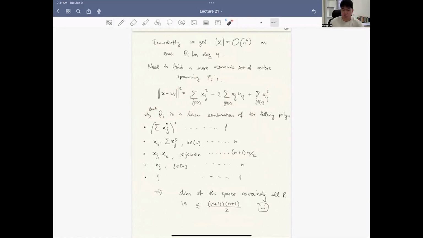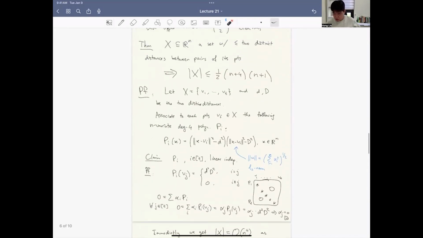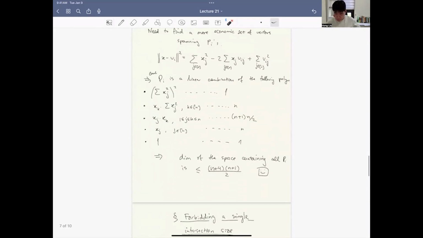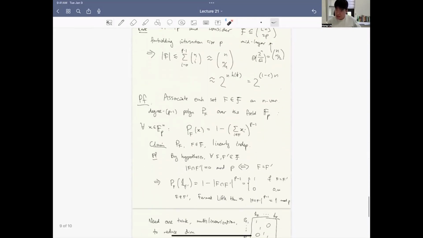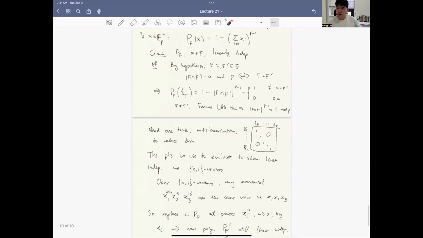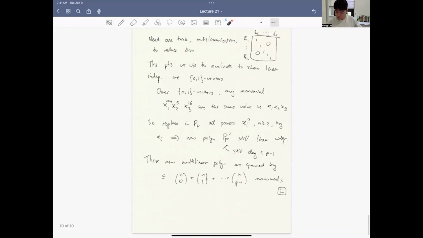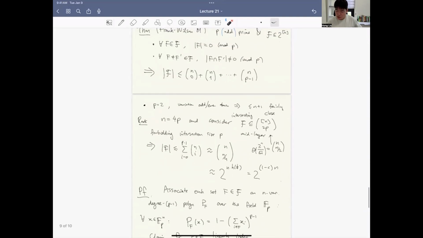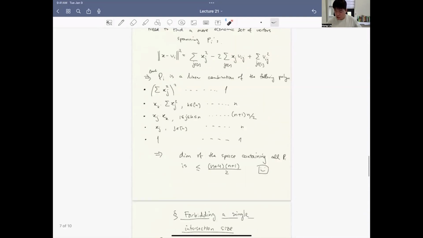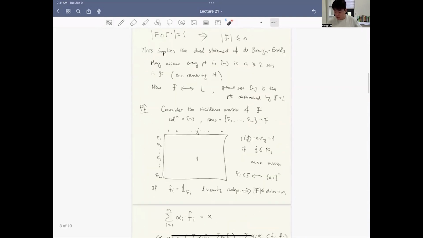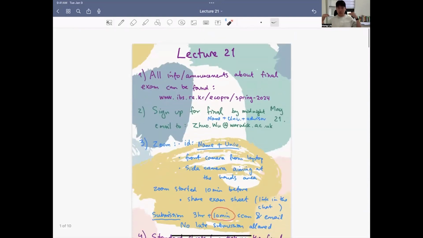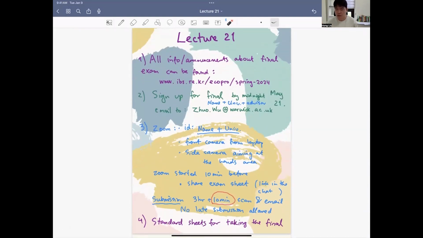The time is almost up. I will wrap up today's lecture here. So again, all the problems in the final will be the material from lecture 1 to lecture 21, which is today's lecture. So up to today's lecture, everything is examinable. From next week, the material will not appear in the final exam, but it is still important.